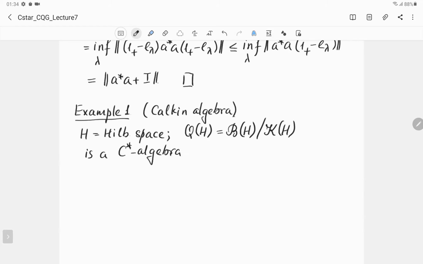And this algebra is called the Calkin algebra of H. I'd like to stress that there seems to be no obvious way of proving that the Calkin algebra is a C-star algebra unless we use the approximate identities.